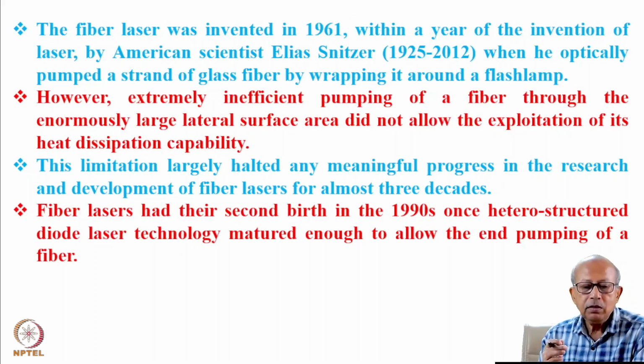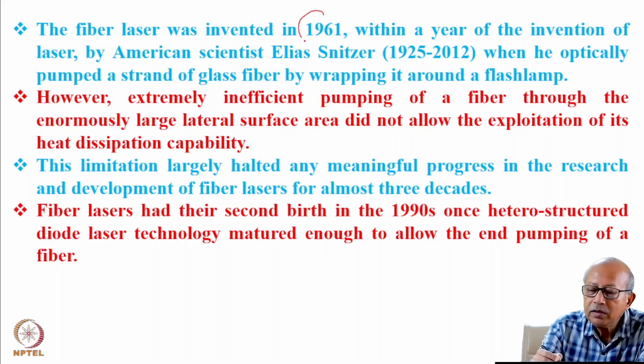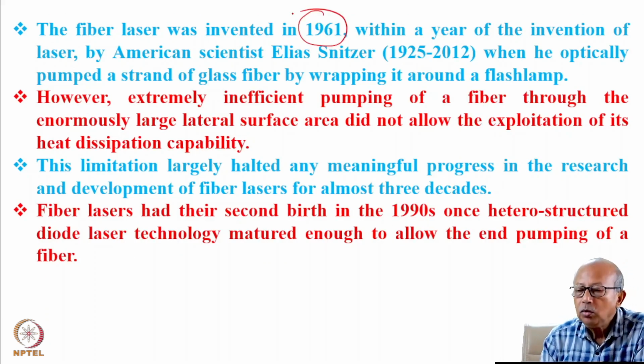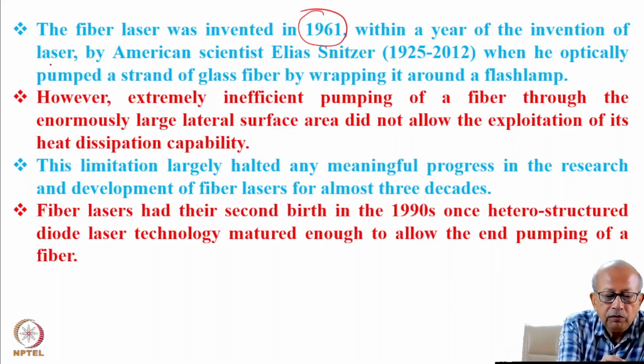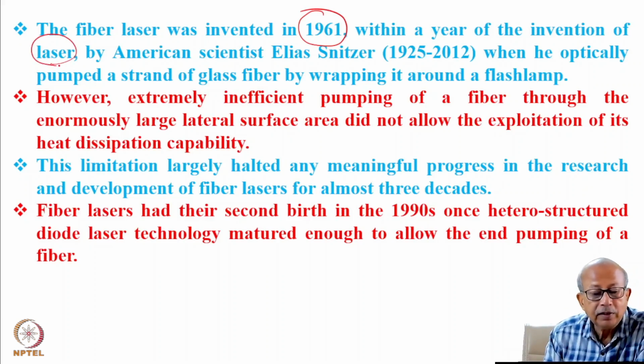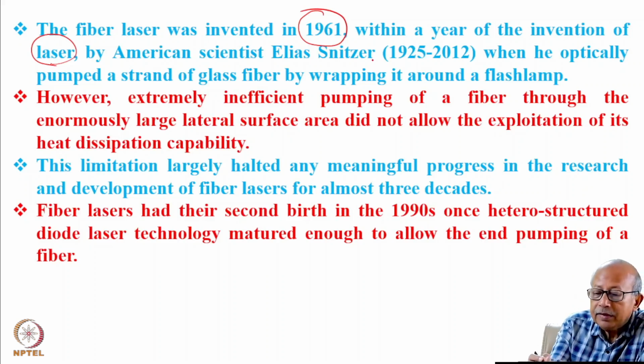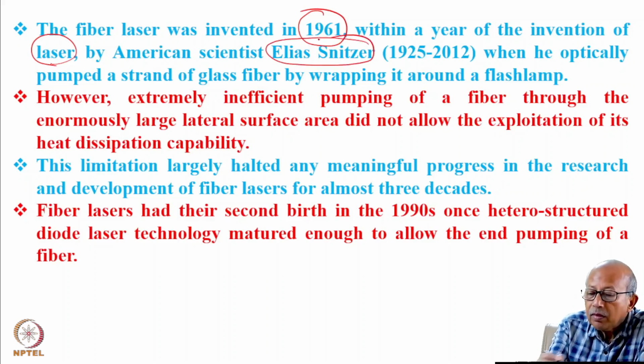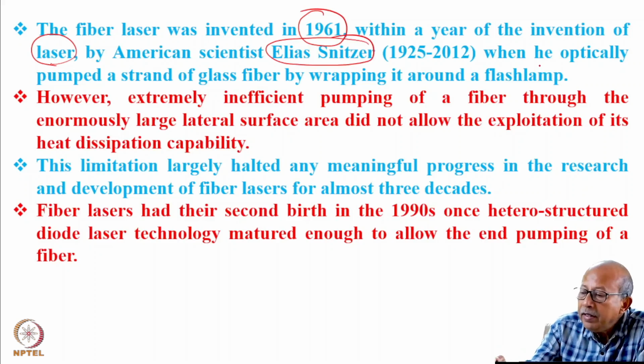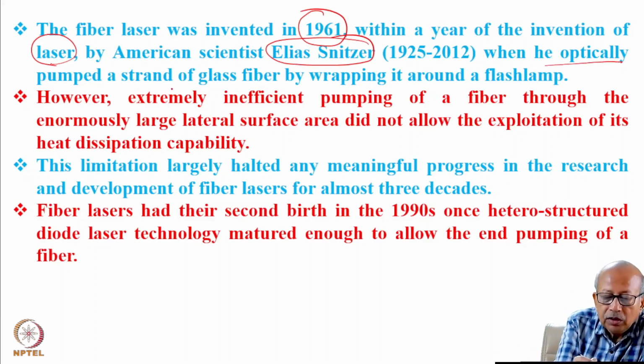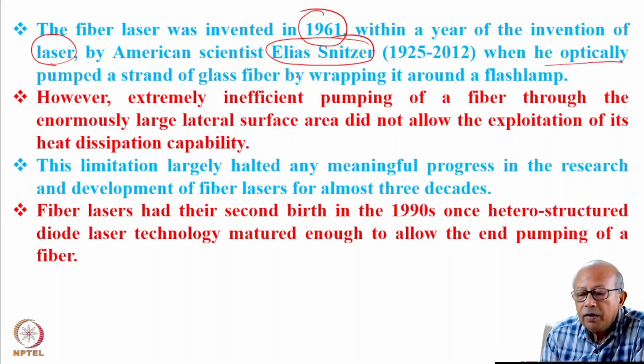The fiber laser was invented in 1961, within a year of the invention of the laser, that was in 1960, by an American scientist, Elias Snitzer, when he optically pumped a strand of glass fiber by wrapping it around a flash lamp.